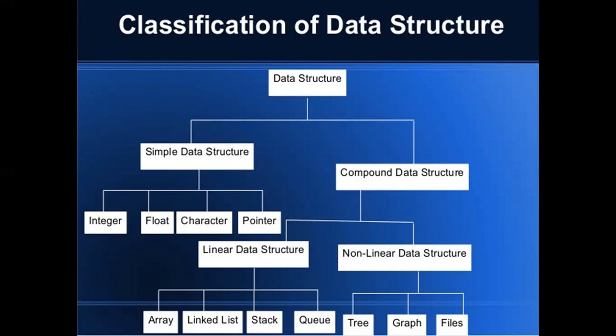And compound data structures are again divided into linear data structures and non-linear data structures. Linear data structures, you studied already in data structure 1, are arrays, linked lists, stacks, and queues. And non-linear data structures are trees, graphs, and files. These will be used.